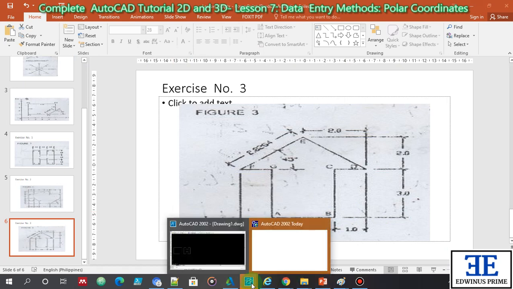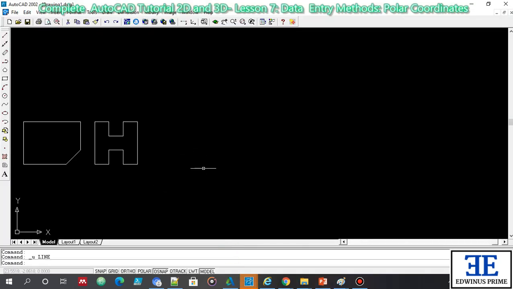So let's go to our previous drawing in our lesson 5 and lesson 6. We have drawn this figure, and we will do this again using the polar coordinate technique.